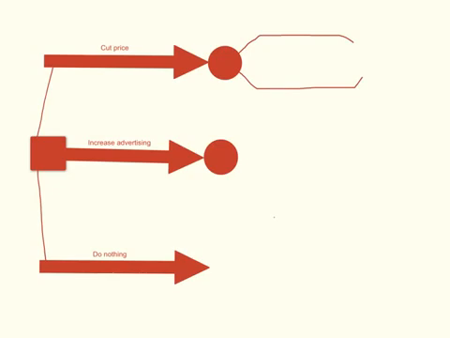So there's the likely outcome that if the price of the product is cut, this could lead to high sales. But there's also a chance that if the price of the product is cut, it could lead to low sales. So these are the two possible outcomes if the manager were to choose this option.